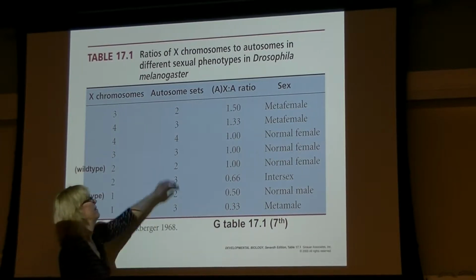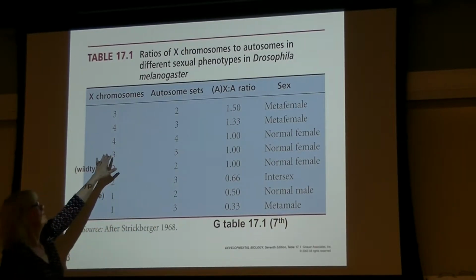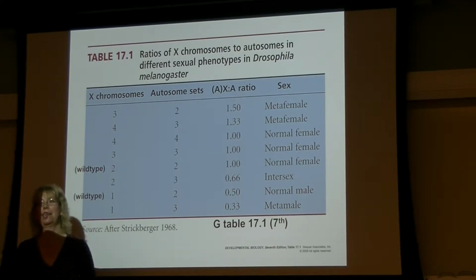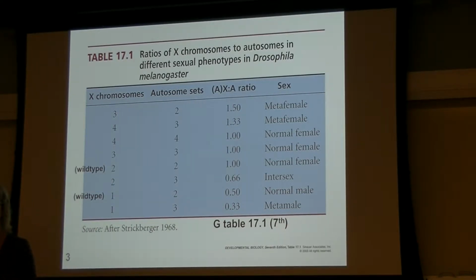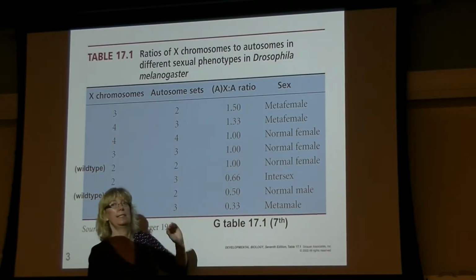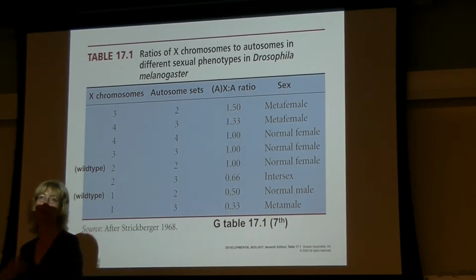And then there are various different ways, as long as the ratio of X's to autosomal sets comes out to be 1, you're going to develop as a normal female. So it's not necessarily the absolute number of X's, but it really is referencing the ratio of number of X's to number of autosomal sets. So these all are 3 different scenarios where you still get female development if you have a ratio of 1.